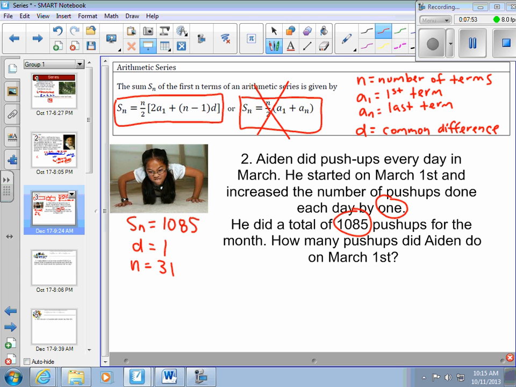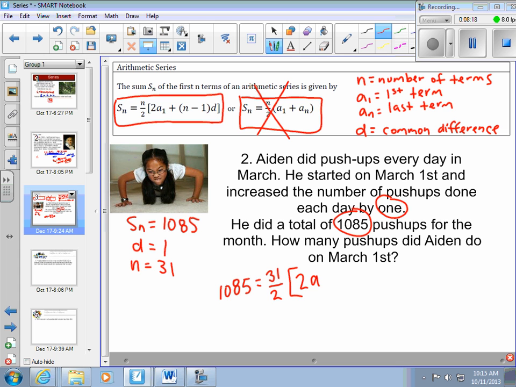So we want to put our information into that equation and then solve for how many he did on the first day. So he started with 1,085. That's our sum. Our number of terms is 31, divided by 2, the formula is divided by 2, times 2 times how many Aiden did on the first day.